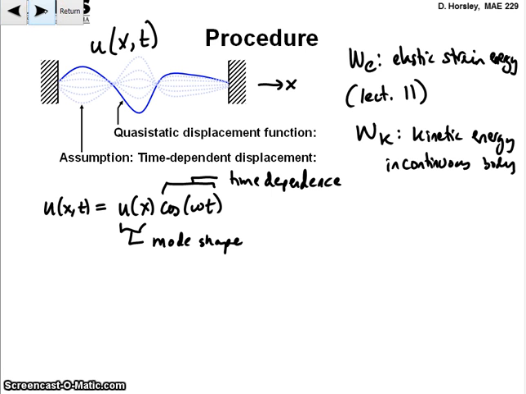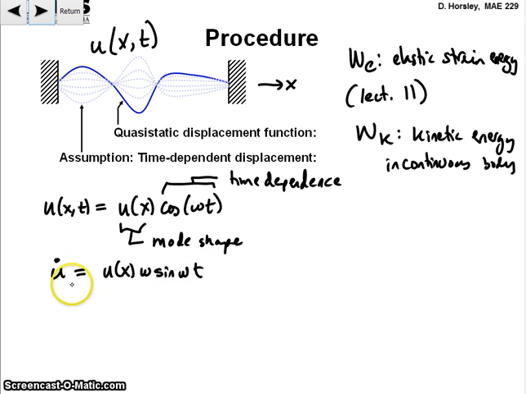So let's figure out what the velocity is here based on this expression. I'm going to write it as u dot is equal to, well, u of x has no dependence on time, and so we get omega sine omega t.